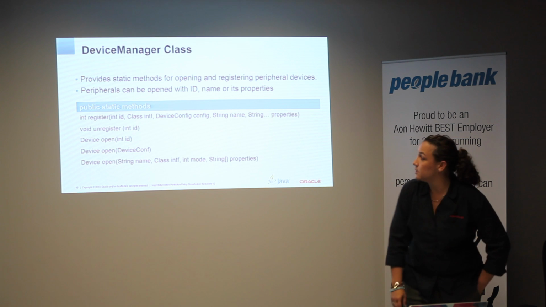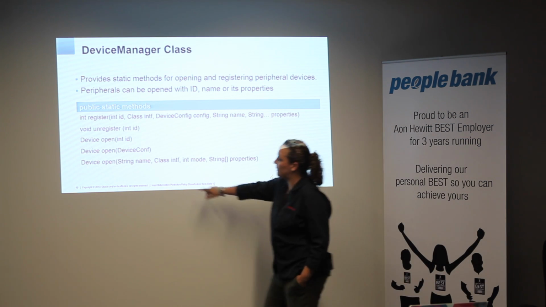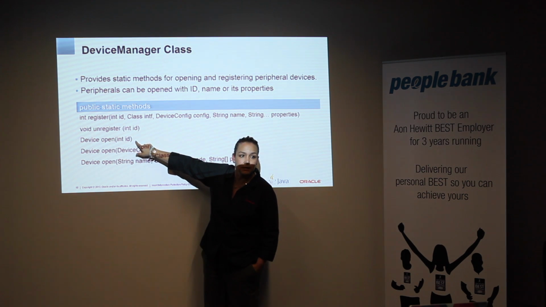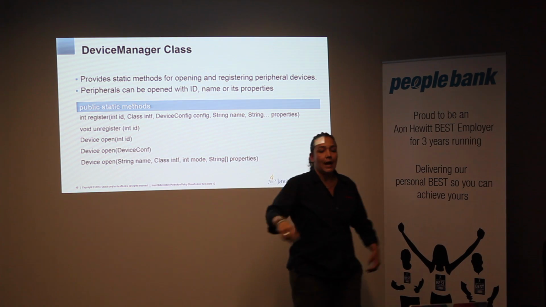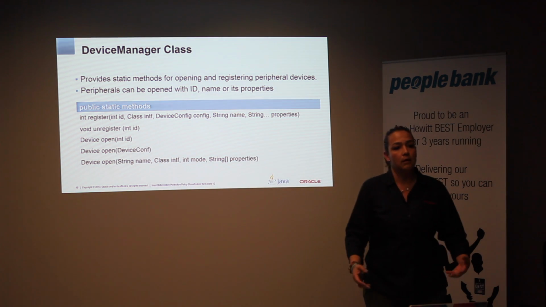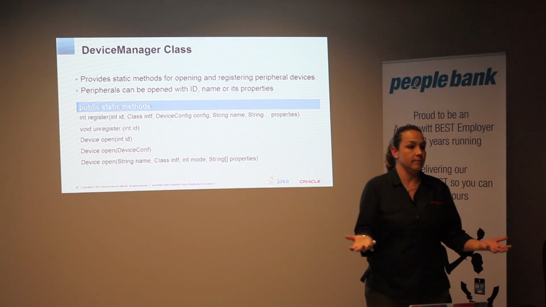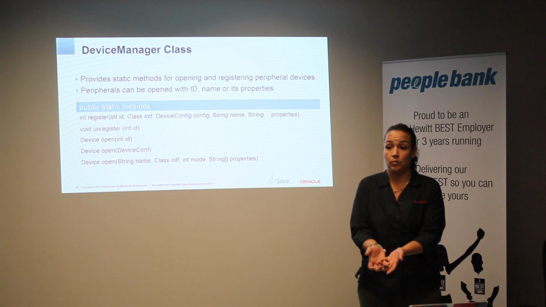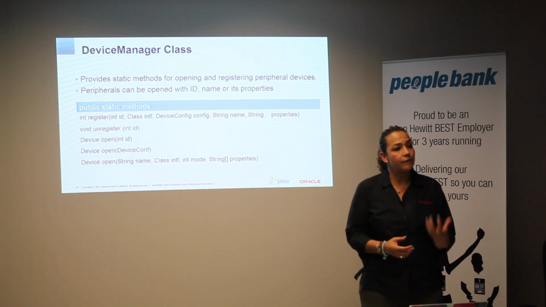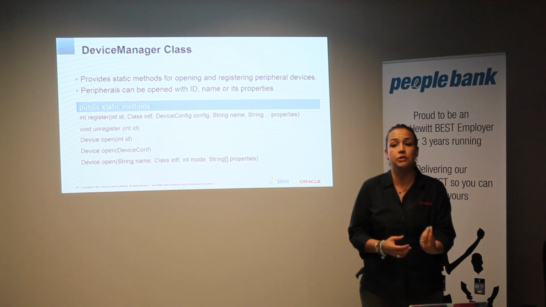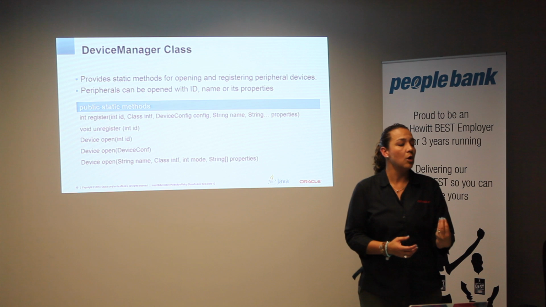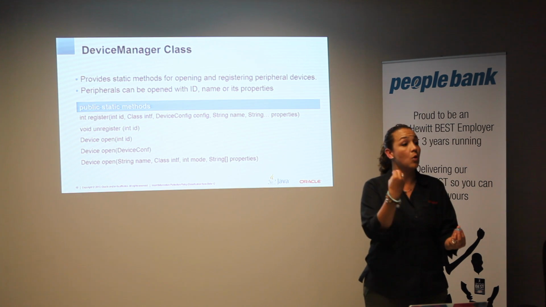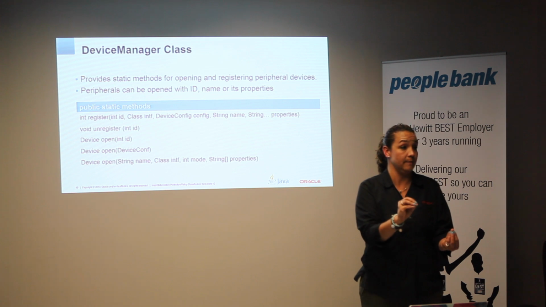Device manager, so this is how we're going to open a particular device. Important to notice, you can provide either an ID or a configuration. For example, we want to connect to the LED, a simple GPIO output. When we don't have to provide much information, you just need the default, we can just say open and provide the ID, which is the pin where you're connecting that LED.